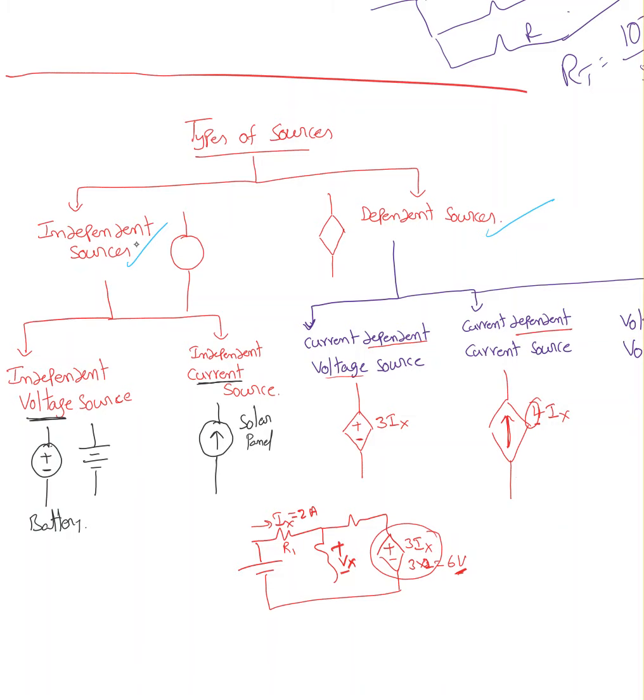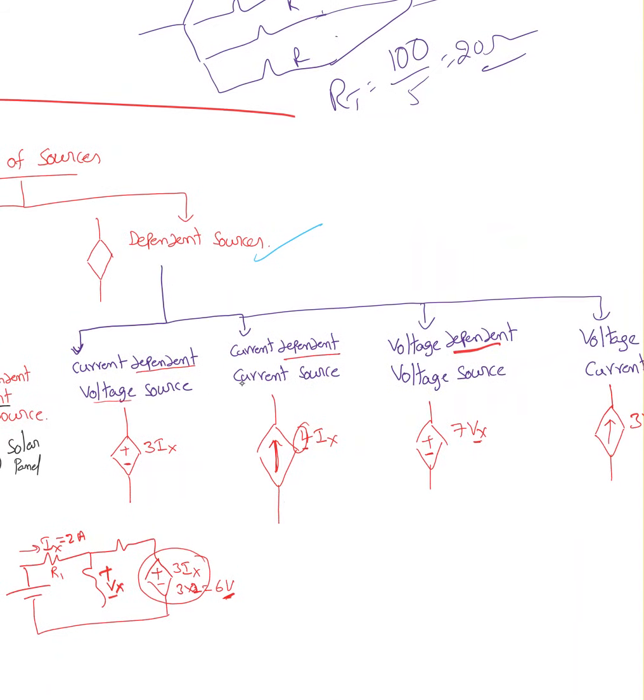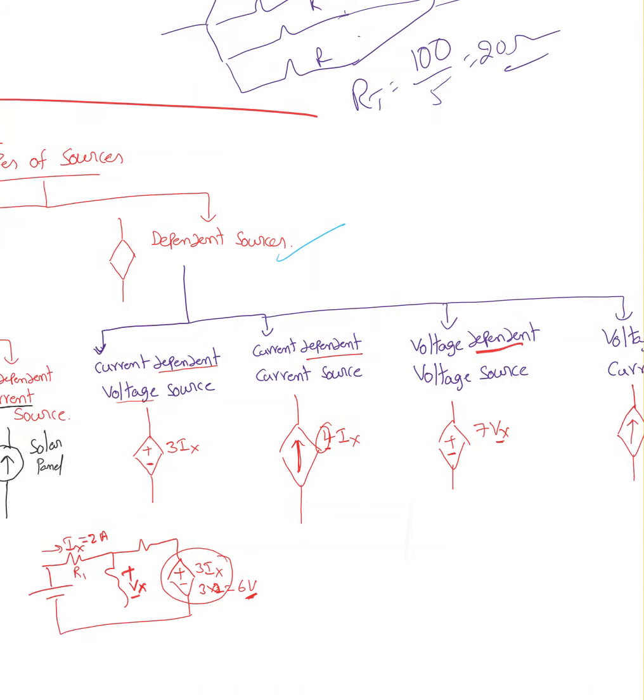Independent sources are further divided into independent voltage source and independent current source. Dependent sources are divided into four categories: current dependent voltage source, current dependent current source, voltage dependent voltage source, and voltage dependent current source.